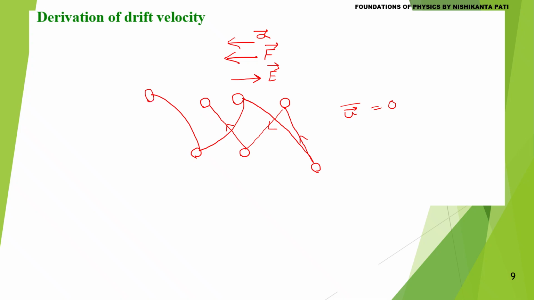In the absence of electric field, it was reaching here. Now in the presence of electric field, it is reaching here. So this much distance is the drifting distance. Accordingly, there will be a drift velocity in the opposite direction of electric field.